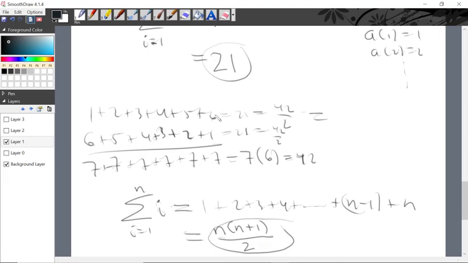Because we had 1 plus 2 plus 3 plus 4 plus 5 plus 6, that was the sum i equals 1 to 6 of i. This is also the sum i equals 1 to 6 of i. So if you add those together, you get 42 is equal to 2 times the sum i equals 1 to 6 of i. So therefore the sum i equals 1 to 6 of i is equal to 42 divided by 2. Okay, so n times n plus 1 over 2.